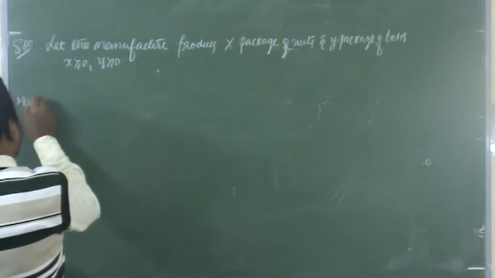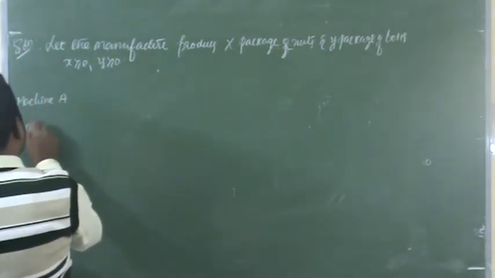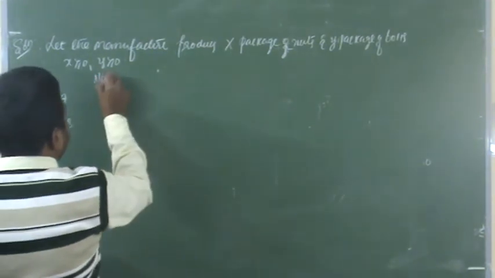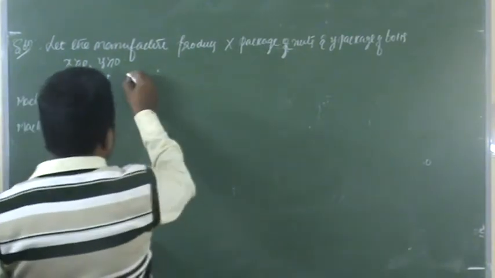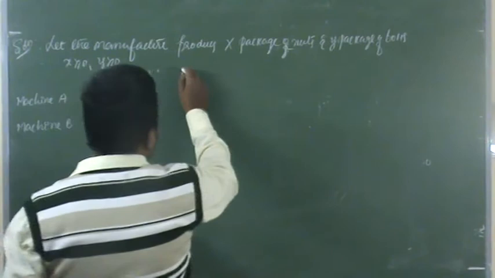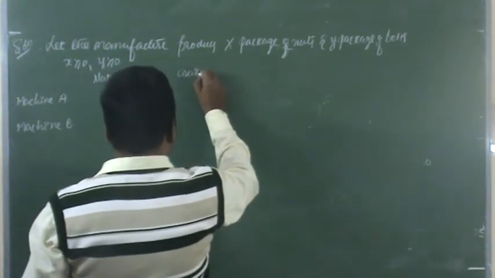For machine A and machine B, there are two machines, and they produce nuts and bolts. For availability, they operate at most 12 hours.